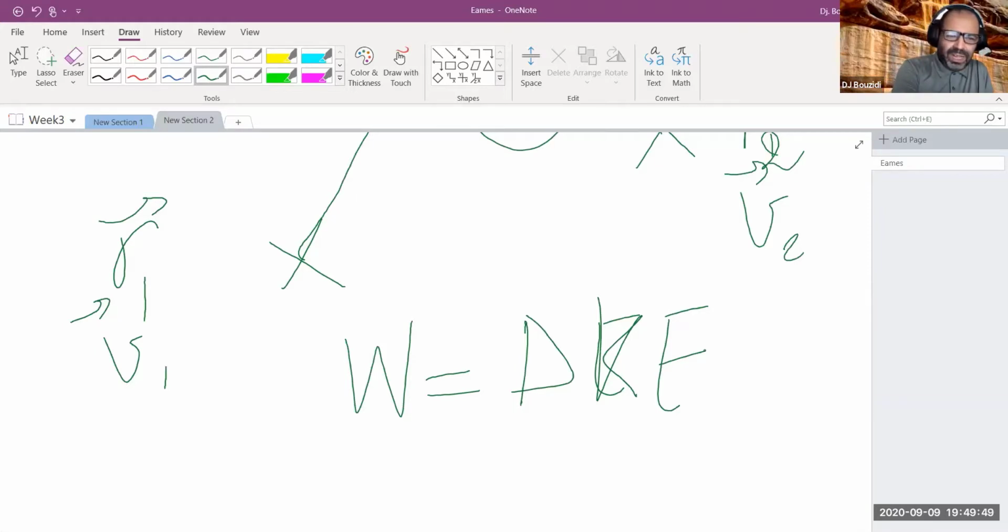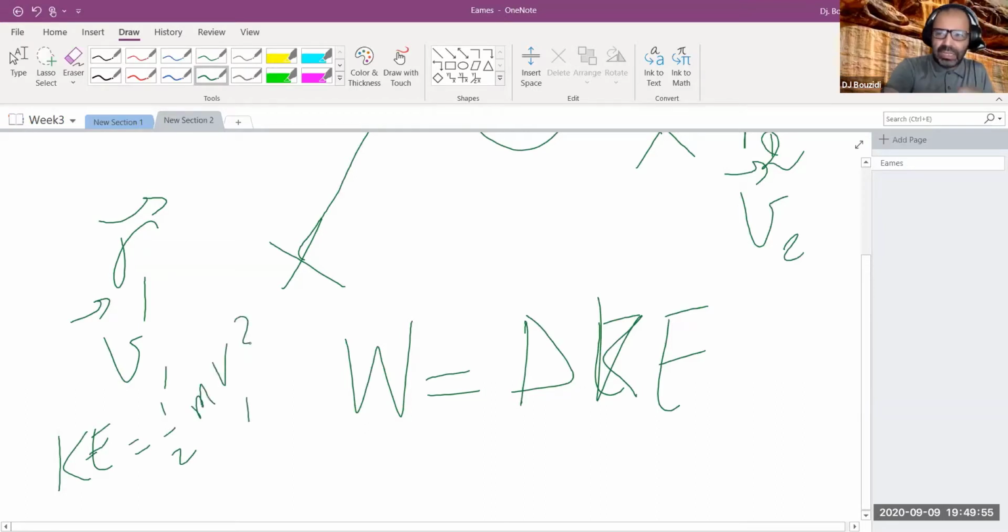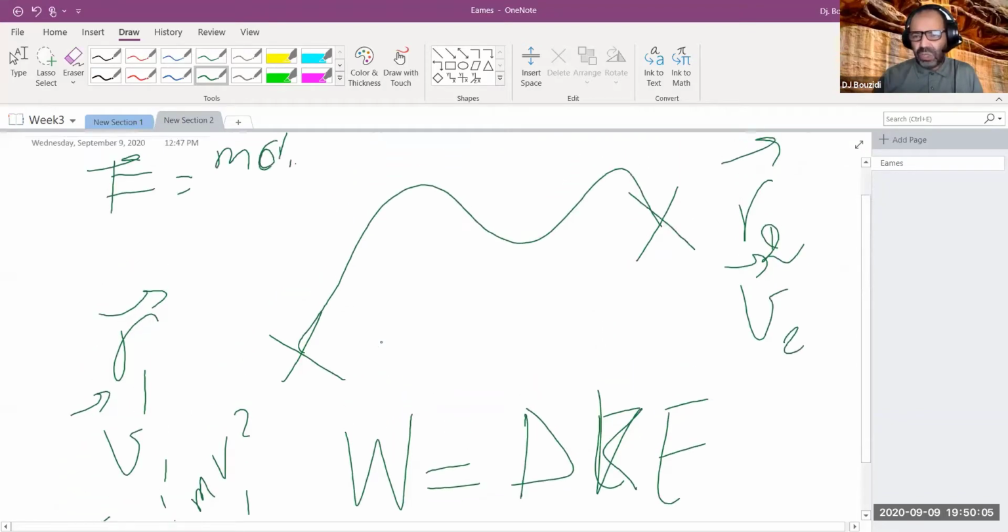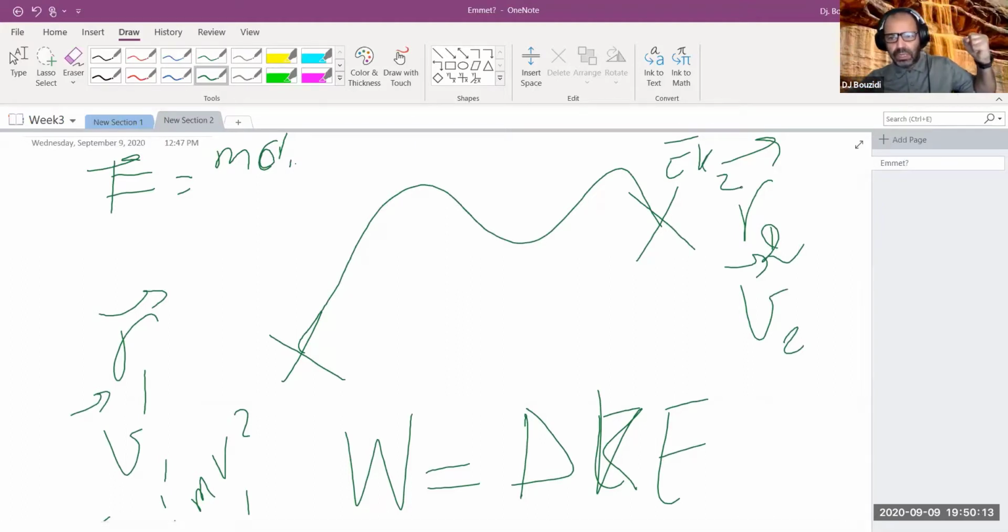So we're going to define the initial kinetic energy as simply equal to 1/2 mV1 squared. That is actually a state variable, defined by that specific location and that specific velocity, namely the state of motion initially. In the final state, we have a new kinetic energy, which is KE2. So those are two end values, the initial and the final kinetic energies, and between them, the force does work.